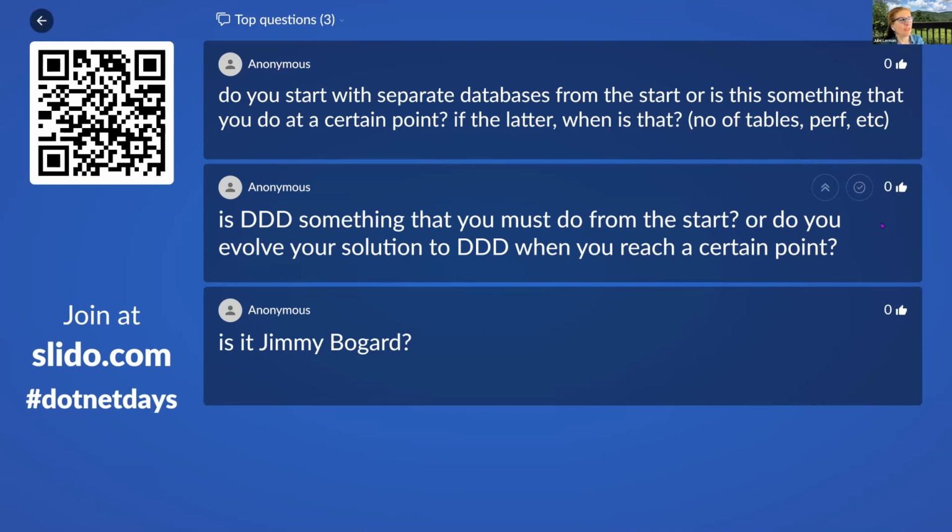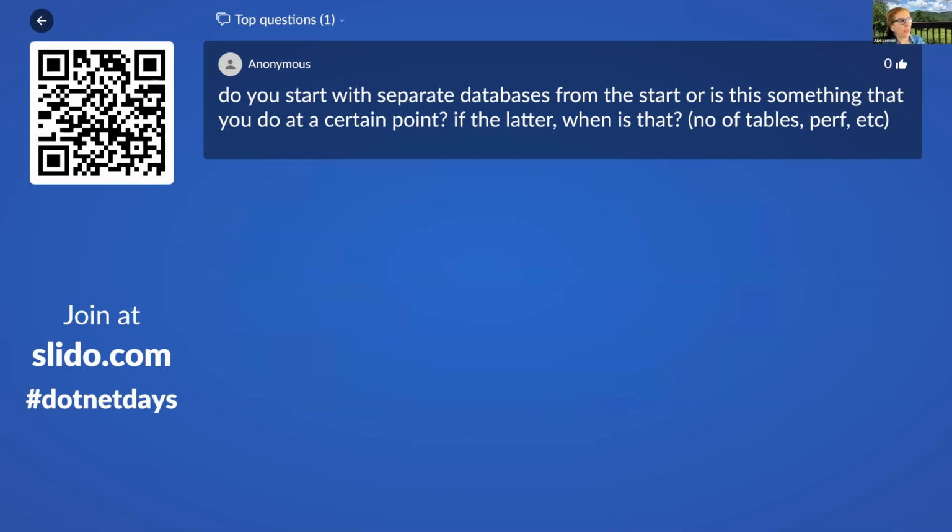So do you start with separate databases from the start? Same kind of idea. First of all, another one of the very important ideas about domain-driven design is we're focused on the domain. We're not focused on the data persistence. You could write your whole application, get it working and tested without having a database yet, right?